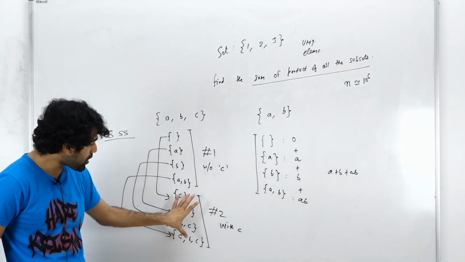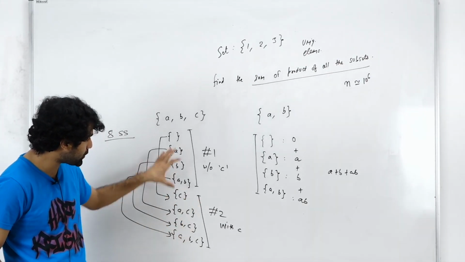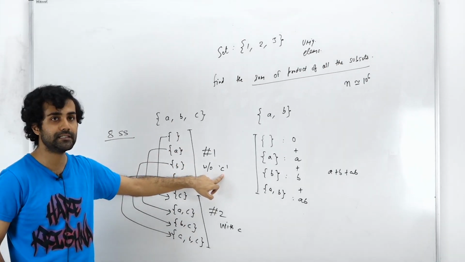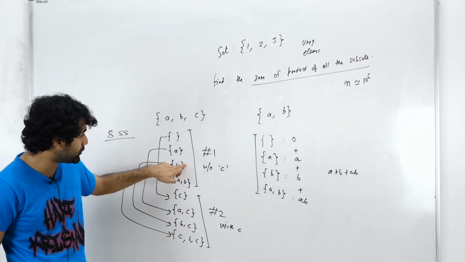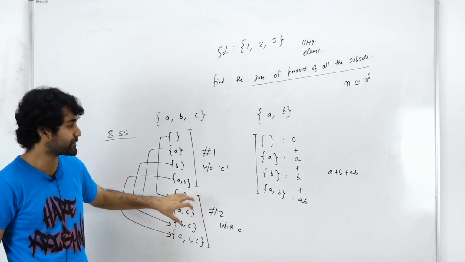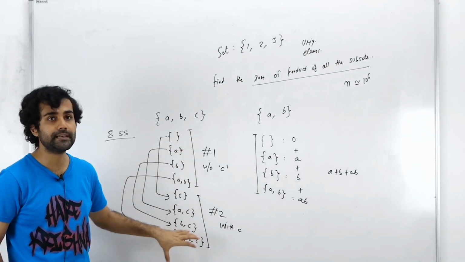And also all of the subsets over here will contain C and all of the subsets here will not contain C. So it can never happen that there is something over here which is also over here. So these two are mutually exclusive.